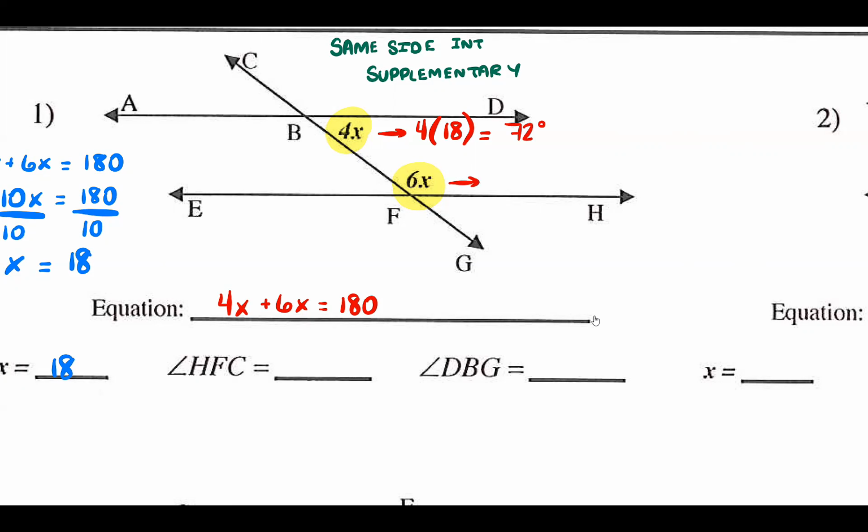Now, without even substituting x, what do we know that bottom angle needs to be? Whatever this angle is, that plus 72 has got to be 180. So we're going to guess 180 minus 72 is 108. So let's see what happens when we substitute 18 for x. 6 times 18. Somebody calculate me.